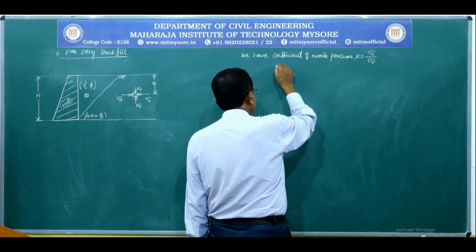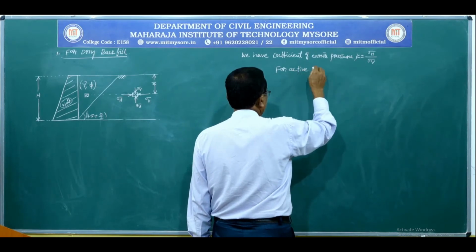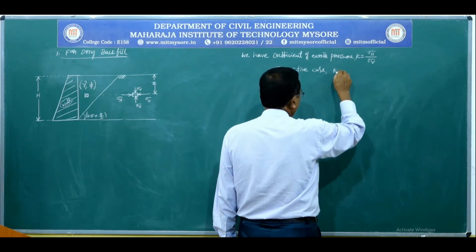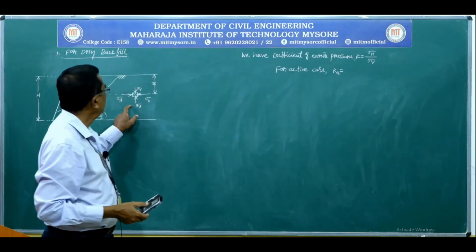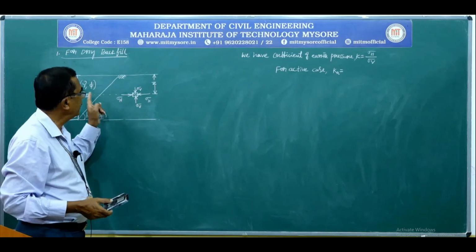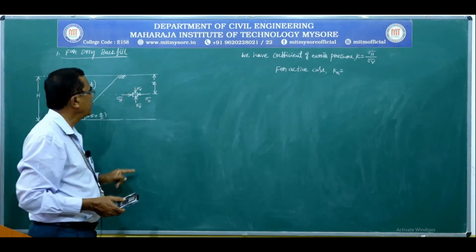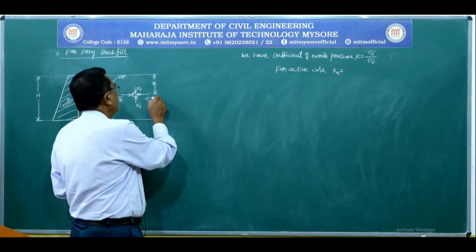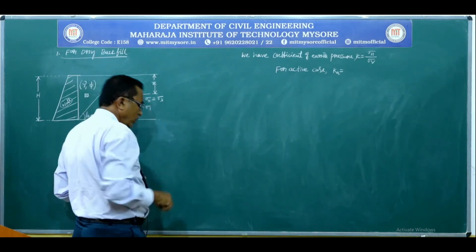For the active case, K becomes Ka, and we already marked that when the wall is at the verge of the movement, the plastic state of equilibrium condition is established, and under these conditions sigma h becomes sigma 3, the minor principal stress, and sigma v becomes sigma 1.